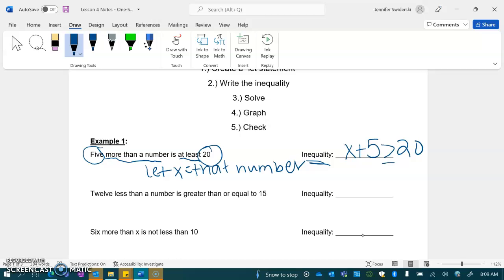Okay, number 2, 12, there's a number, less than a number, okay, so there's my unknown, is greater than or equal to 15. There's another number. So I know I'm going to have x be that number.